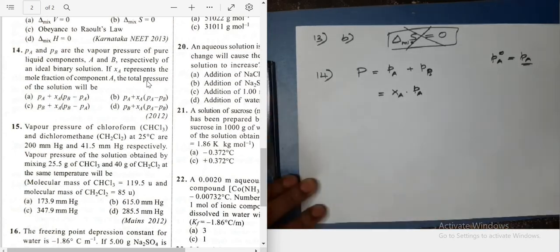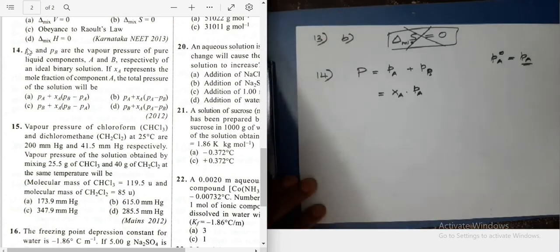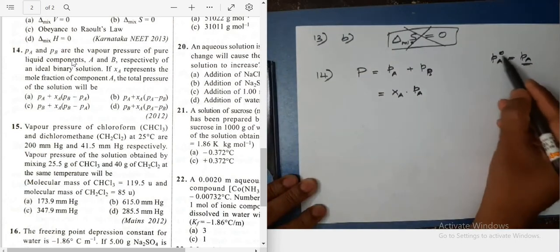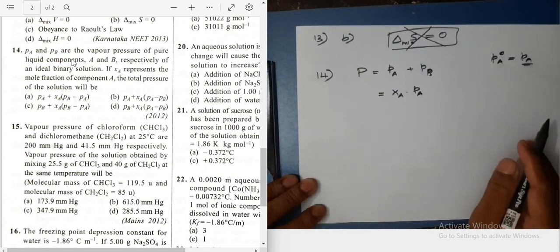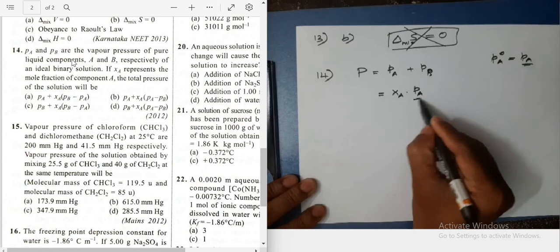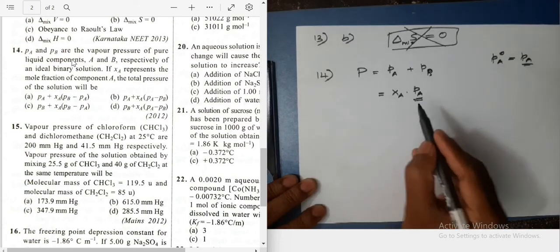In the question, PA and PB are vapor pressures of pure liquid components. Therefore, instead of P naught, I am going to use the symbol PA itself. Kindly follow this carefully.